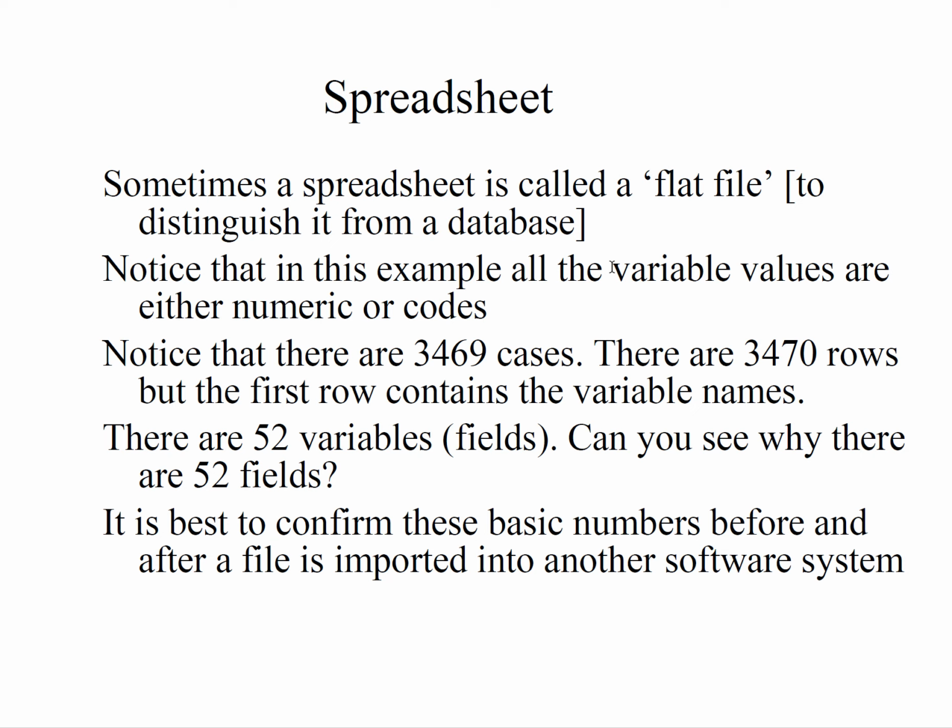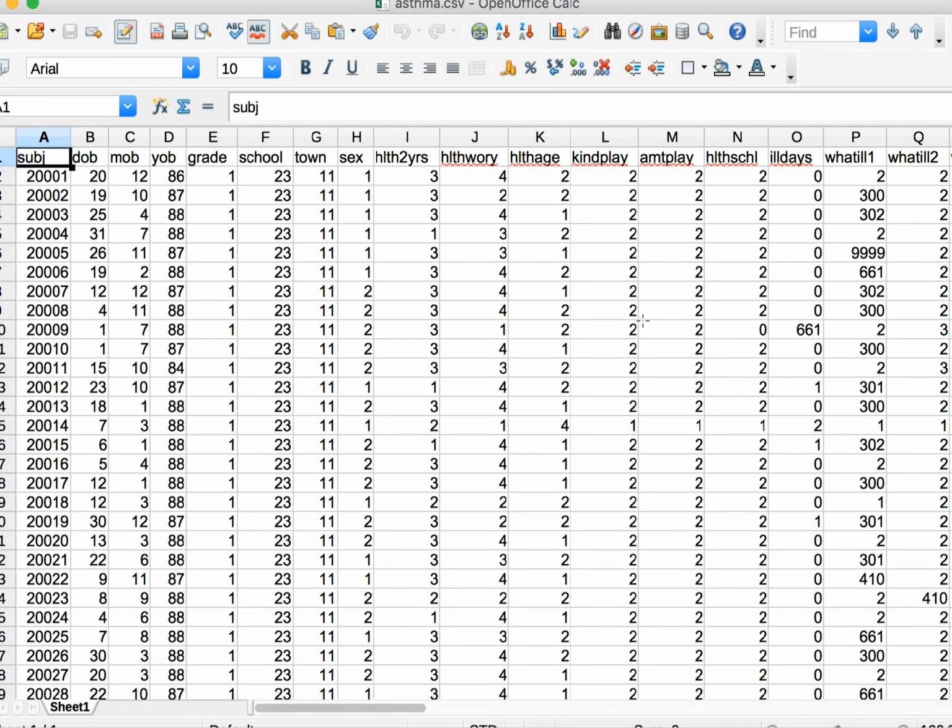So for this project, there were quite a number of children that were included and quite a number of characteristics that were measured for each child. And here's what the spreadsheet might look like.